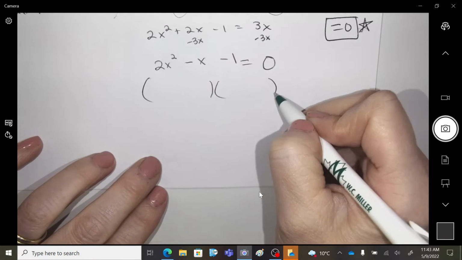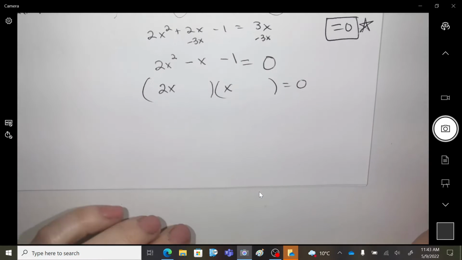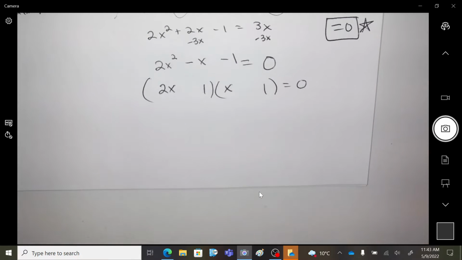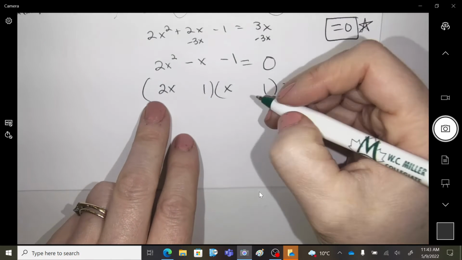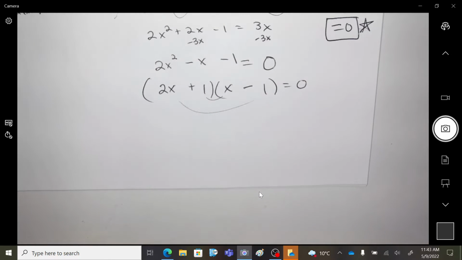Factoring: 2x times x, that's the only way I can do that. And a 1 times a 1, that's the only way you can do those. So now it's all about signs, plus and minus signs. I need a negative, so minus 2. And there's my minus 2x and a plus 1x.